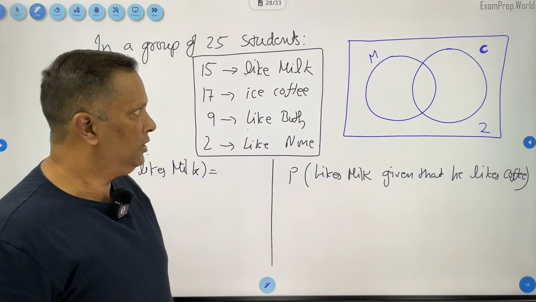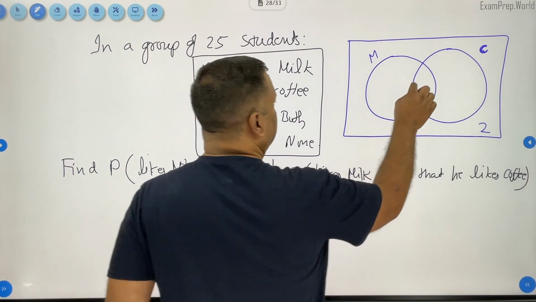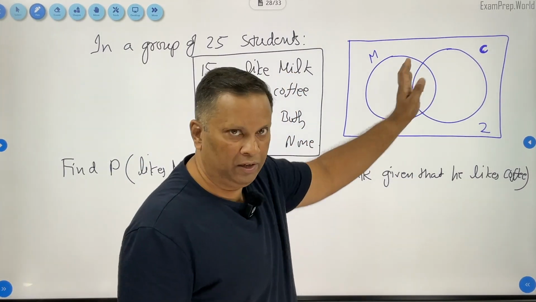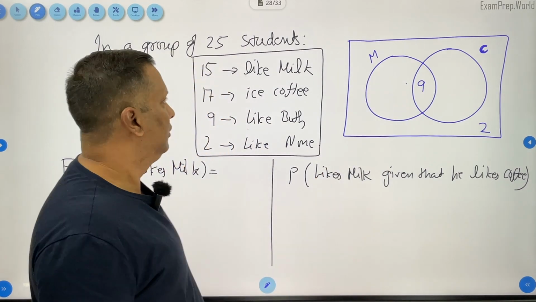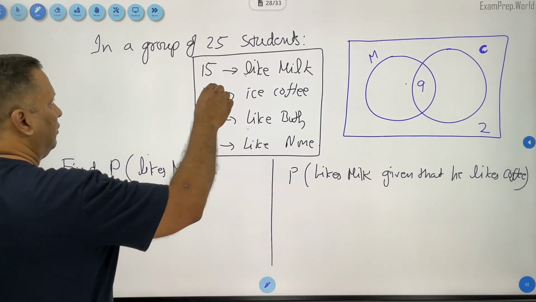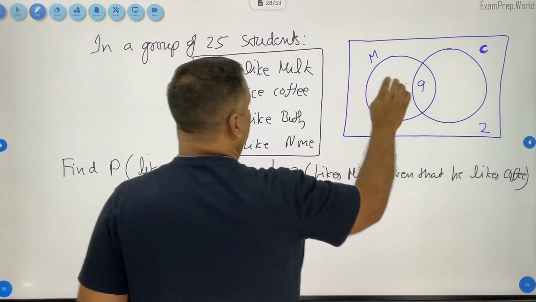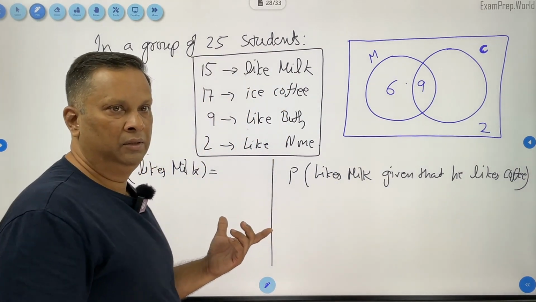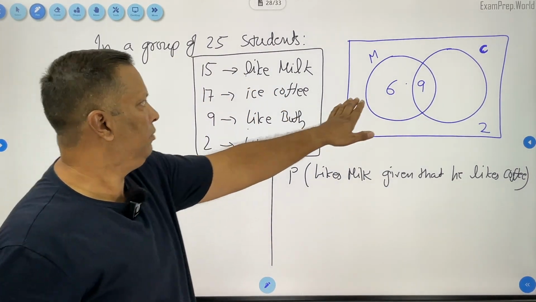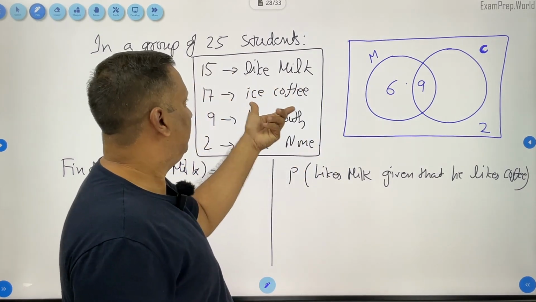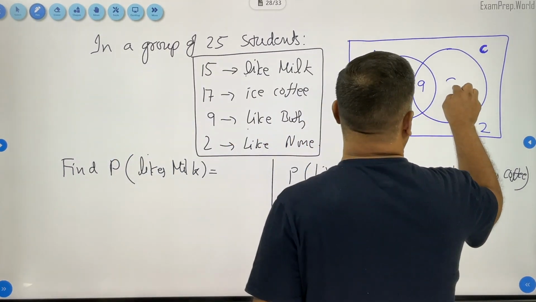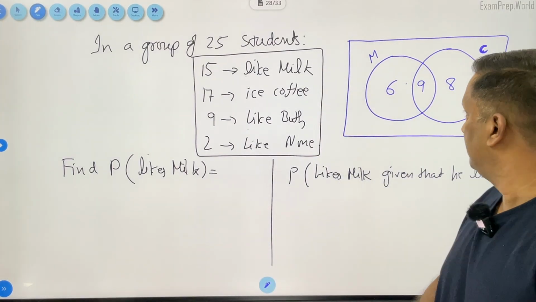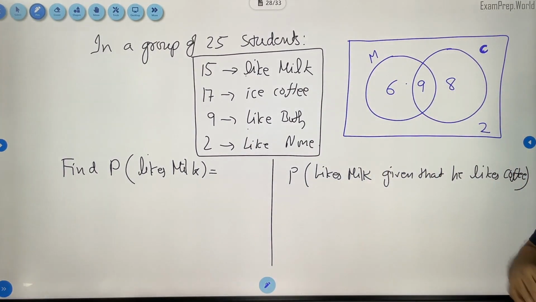So the balance is 23. 9 like both of them, so 9 goes in the common area of milk and coffee. What about milk? 9 is already here, and 15 like milk, so it should be 6, because 9 plus 6 is 15. And for coffee, 17, so 9 plus 8 is 17. Now we have the Venn diagram ready: 6, 9, 8, 2.